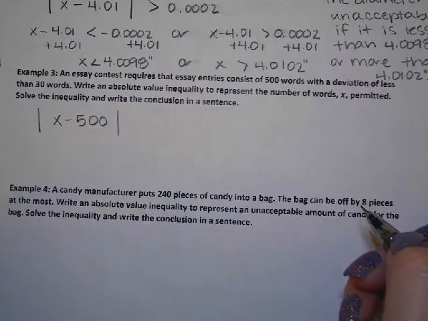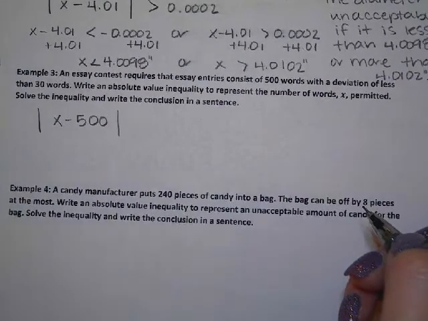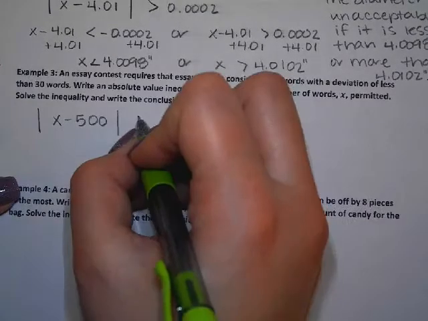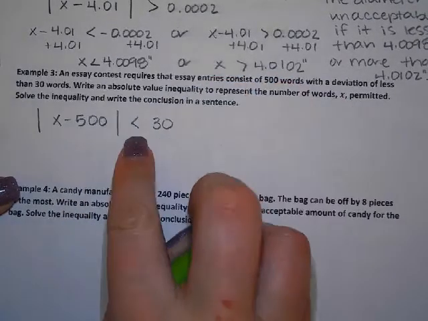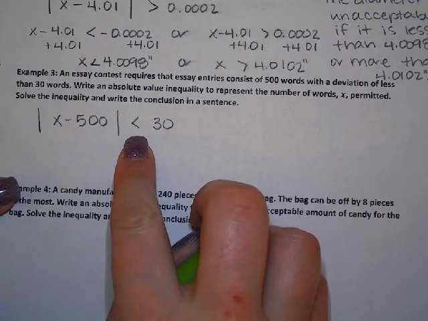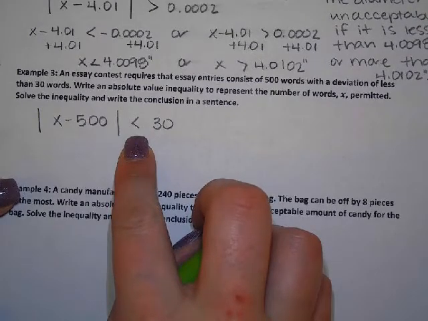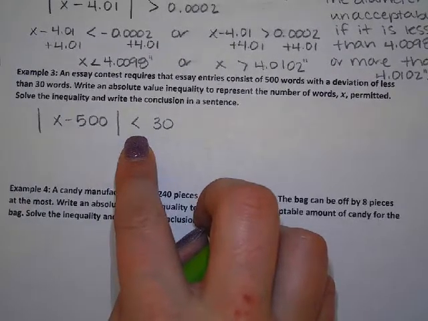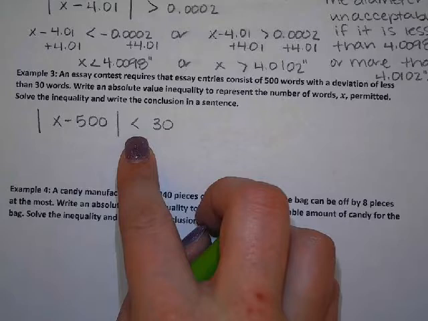Okay. And then how far off of that goal is it acceptable to be? 30. Can it be exactly 30? Do we need to put an equal to? But look at what the wording says. Less than. So they're saying if you have 530 words, you're done. It can only be 529 words.